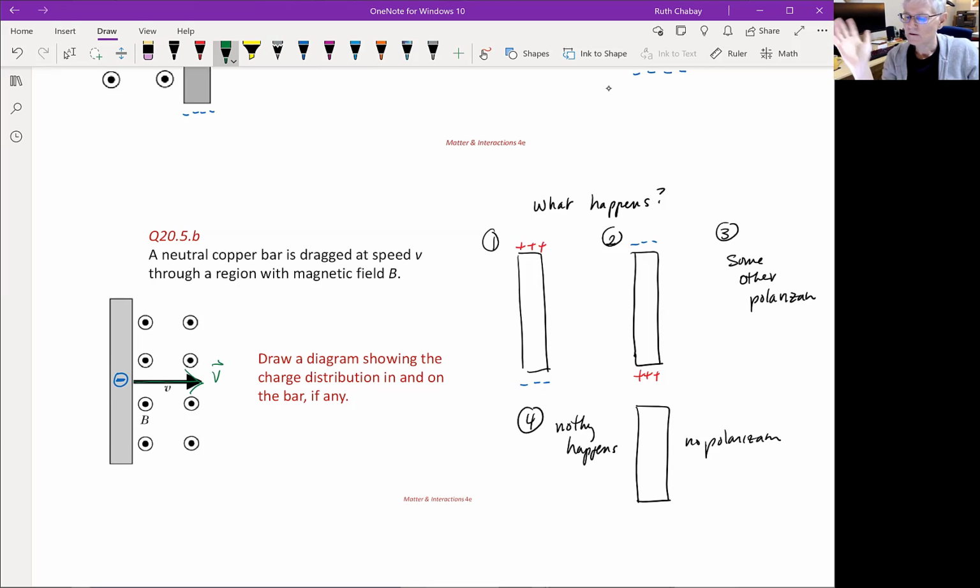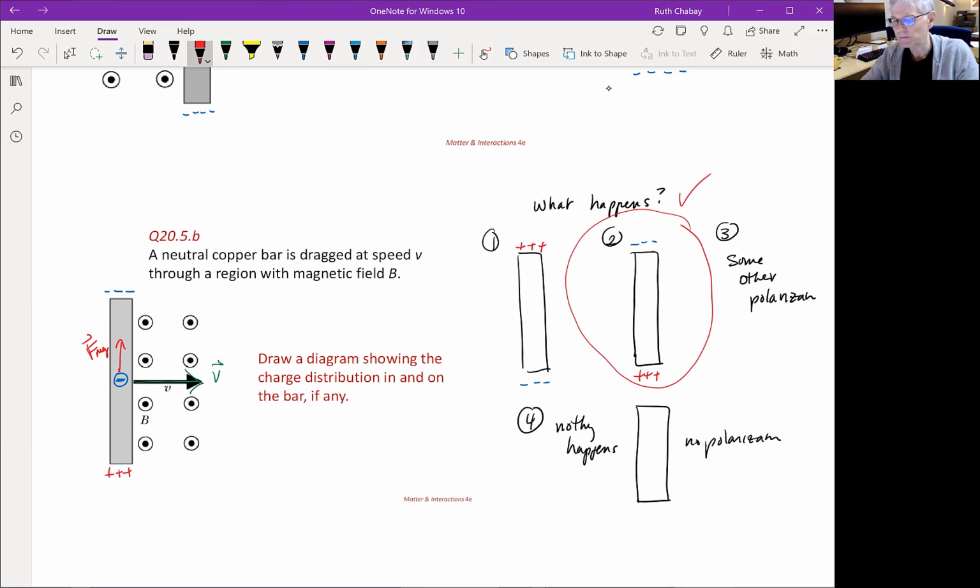And so we have v cross B is down, but this is an electron, so we're going to get a magnetic force up. And so mobile electrons will move up to the top of the bar, leaving a deficiency of negative charge on the bottom of the bar. And so, in fact, answer 2 is indeed correct.